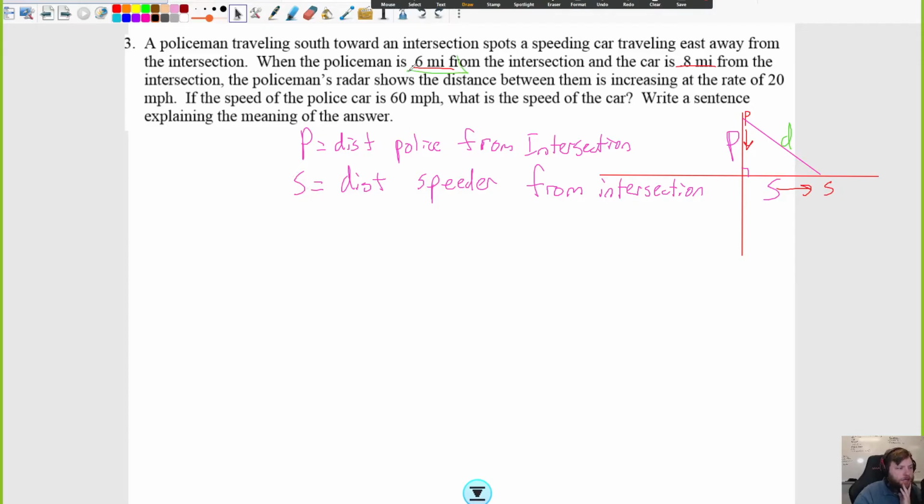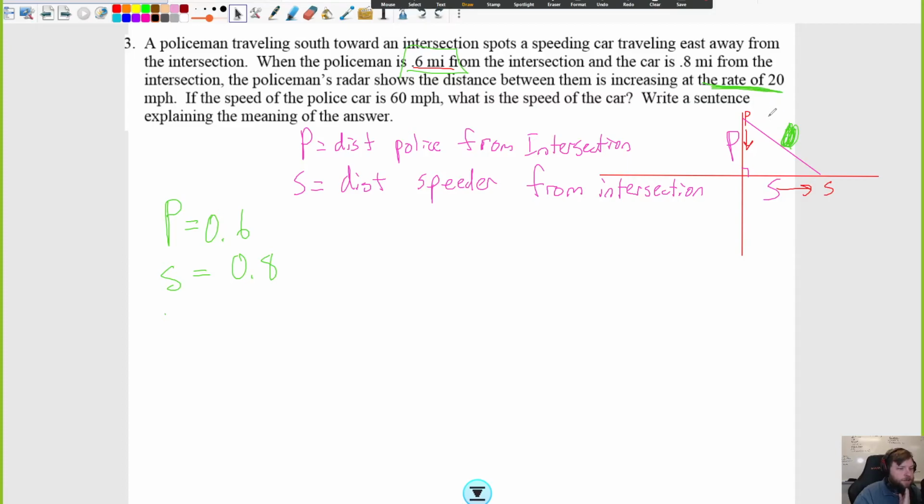So when the policeman is 0.6, so our given, P equals 0.6. And the car, that's actually 0.8. So S is 0.8. And the distance is increasing at a rate of 20. So, I hate using D because it's like DD. Let's not use D because we're already using that for derivative.